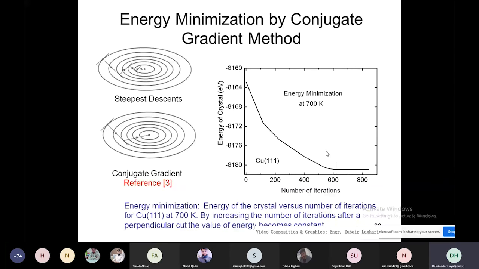On the right, it takes attempts again and again, in 600 plus iterations. The energy of the crystal ideally becomes constant, and we minimize the structure by the conjugate gradient method. This shows the energy of the crystal along the y-axis at 700 Kelvin. For copper 11, as we increase the number of iterations, the value of energy becomes constant.